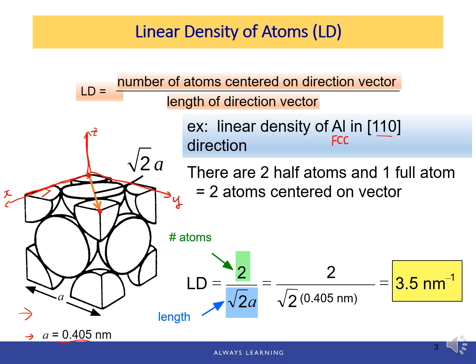The linear density equals the number of atoms centered on the direction vector, which is 2, over the length of the direction vector, which is square root of 2 a. Substituting the numbers in, the answer is 3.5 inverse nanometer. So the unit of linear density is inverse length.